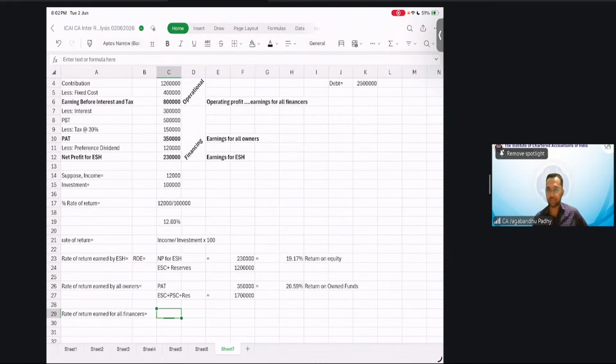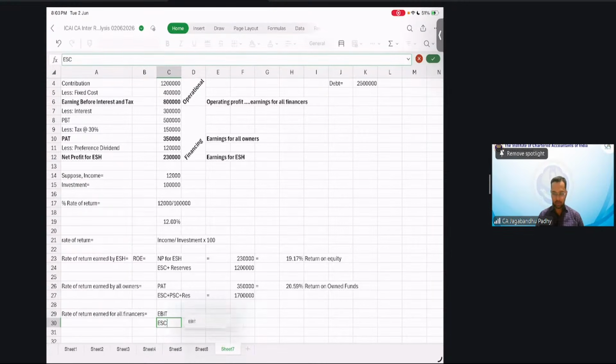Which one is going to be the formula, guys? Yeah, correct. That's going to be EBIT upon equity share capital plus preference share capital plus reserves plus debt.